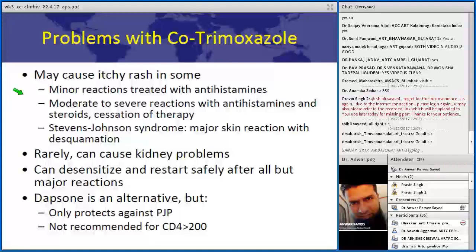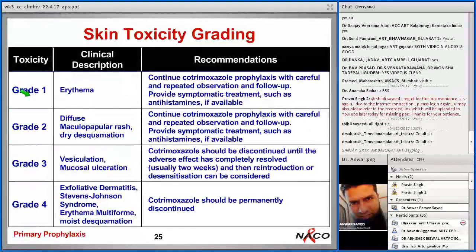If there are major reactions like Stevens-Johnson, please don't try it. Dapsone is an alternative, but it is from the same group, and the other problem with Dapsone is that it may only protect against PCP but not other diseases like bacterial pneumonias or toxoplasma. It is not recommended if the CD4 is more than 200.